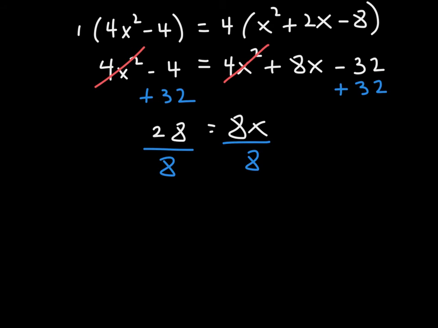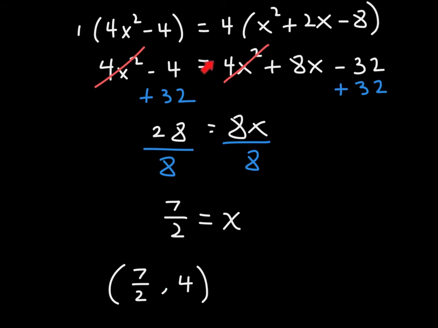If you divide by 4 in the numerator and denominator, 4 is the GCF. 4 goes into 28 7 times. 4 goes into 8 2 times. So it'll be 7 halves is equal to x. So you just determined that the graph will cross the end behavior asymptote. We're at 7 halves, comma 4. Don't forget that this is the y value that you used earlier, right?